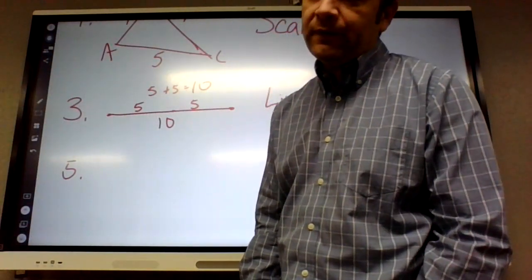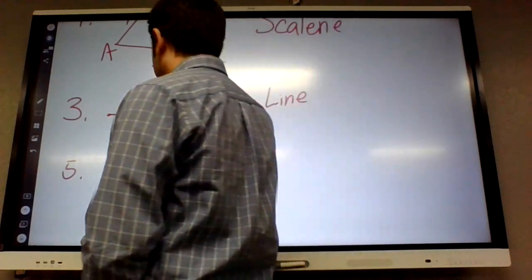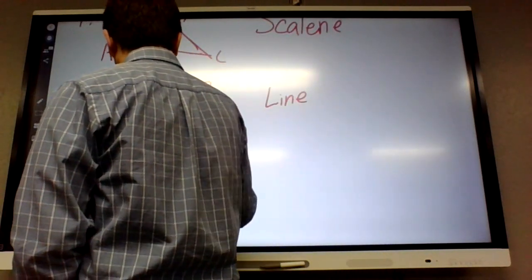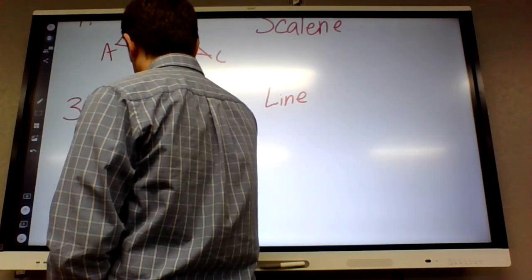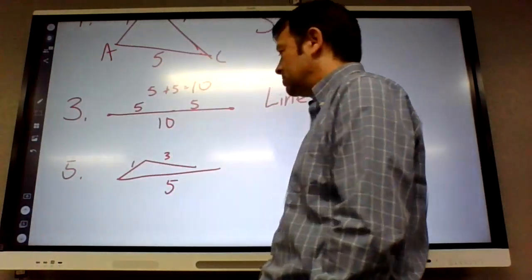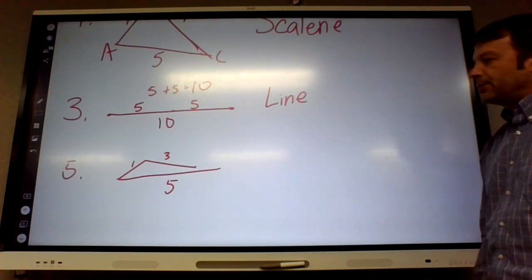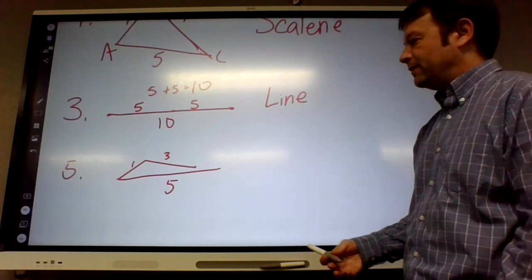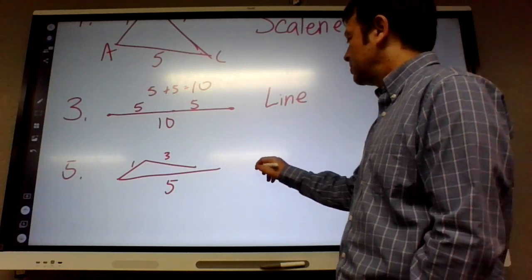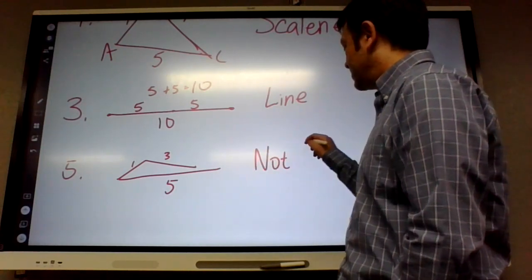Number 5, 1, 3, and 5. Is this possible? Make a triangle? No. 1 and 3 together cannot reach the 5. So I'm just going to put not possible.